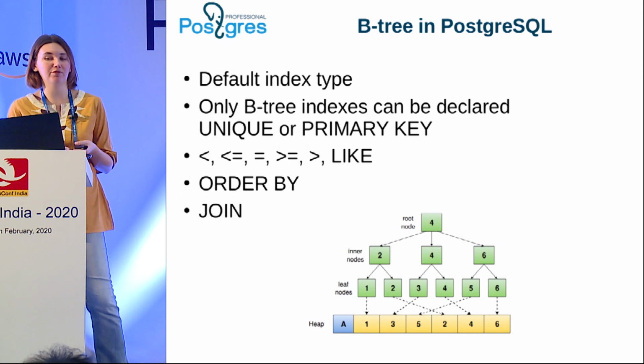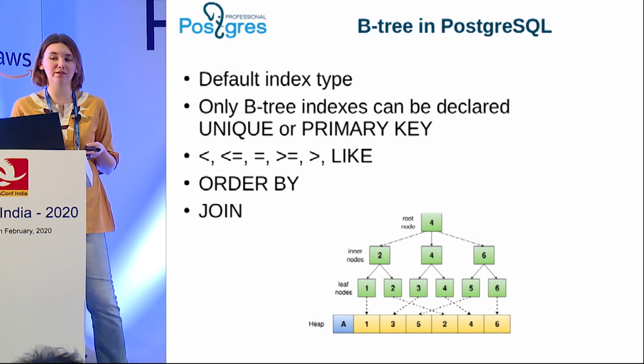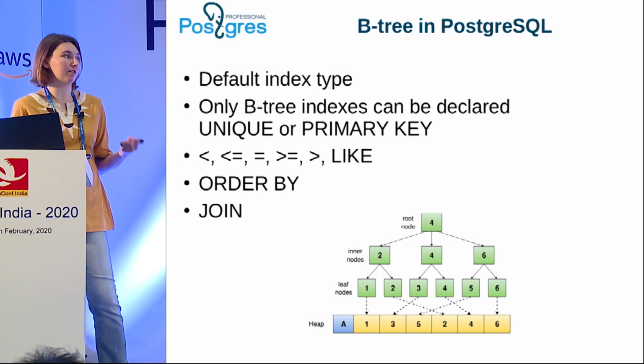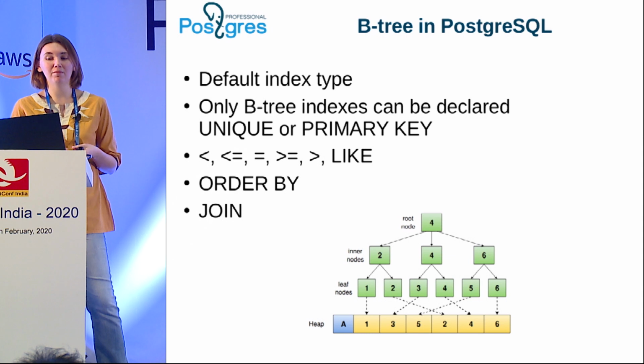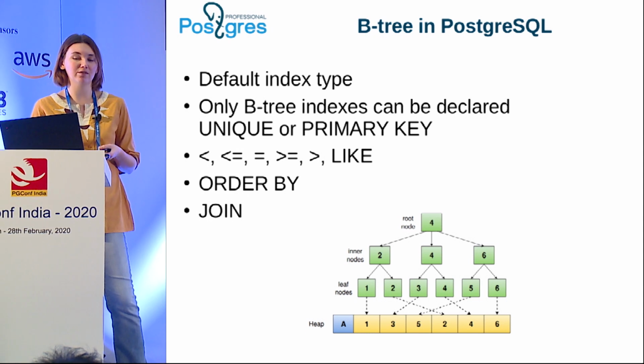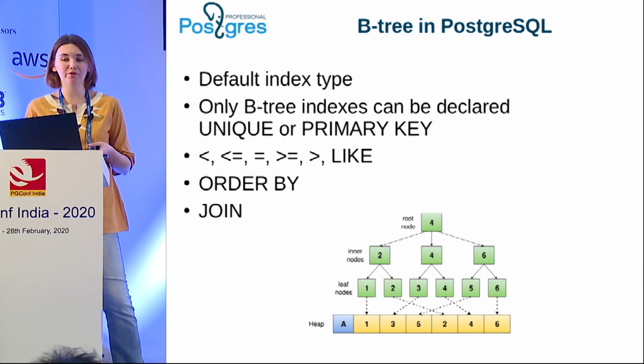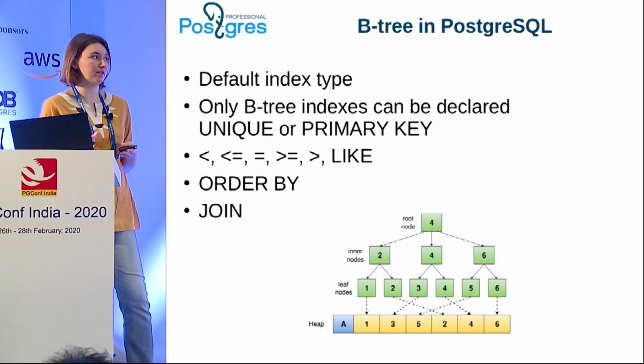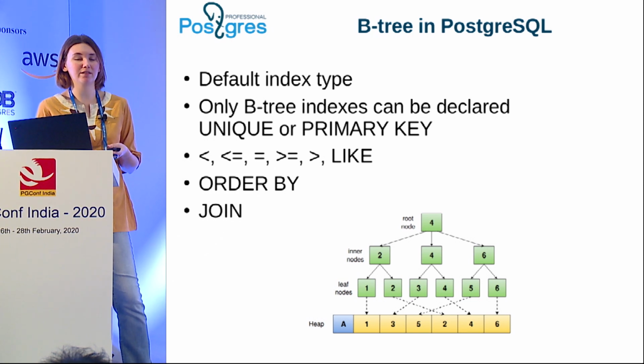In Postgres, B-tree is used not only to satisfy queries that compare values, like for equality or larger or smaller values, but also to speed up the ORDER BY clause and table joins. Also, B-tree is the default index type, and currently it's the only index type that can be used for unique and primary key constraints.